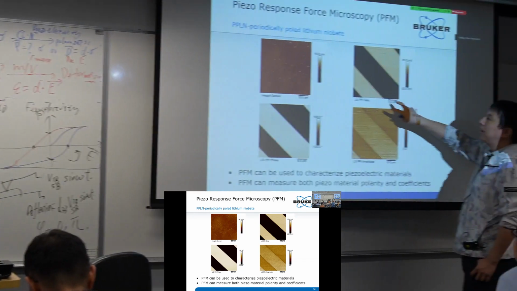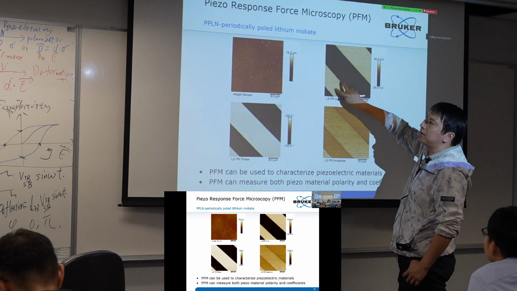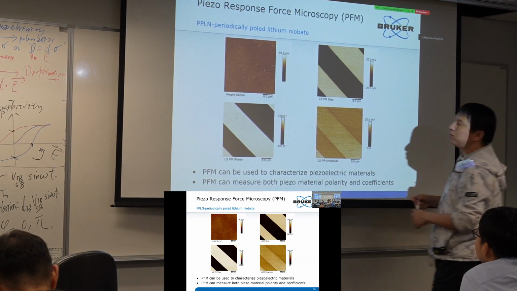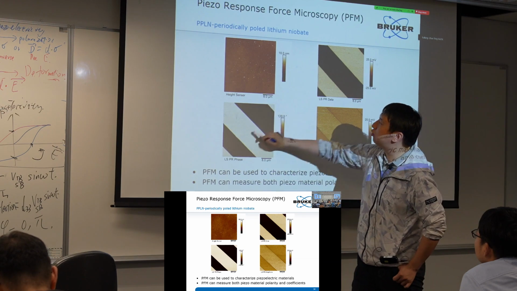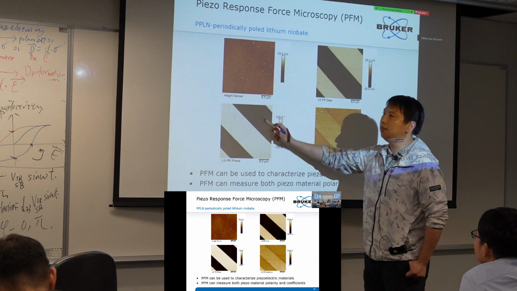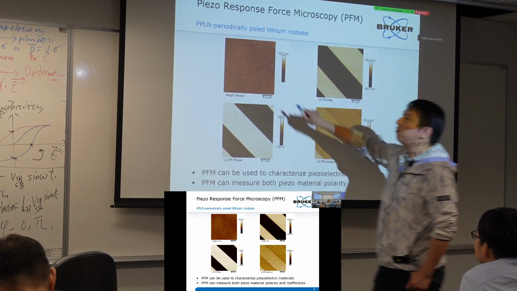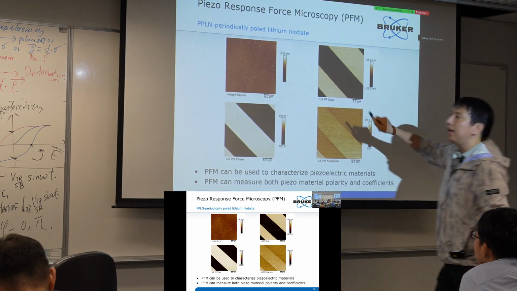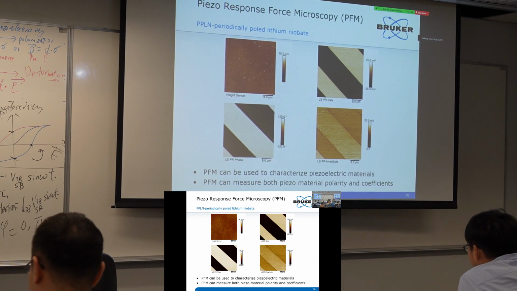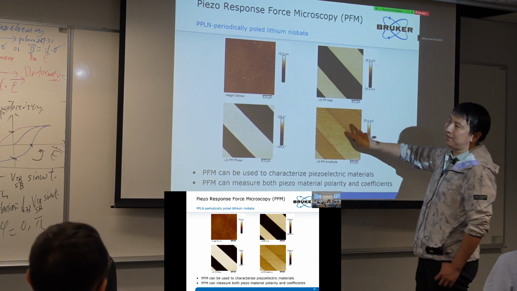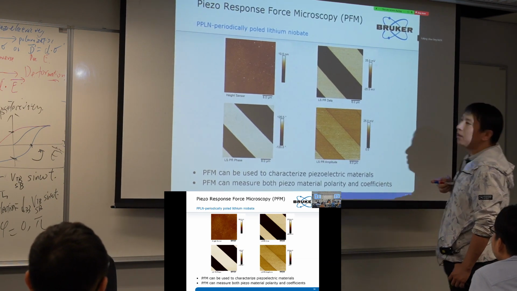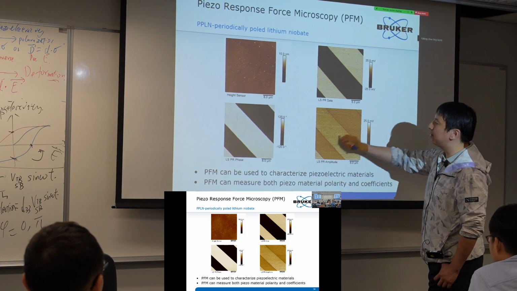These two stripes have different polarization directions. So we're supposed to see the phase on these two stripes completely opposite, one is 0, one is 180. On morphology, we should see nothing. And of course, the amplitude should be completely the same on both stripes. But usually we will get something like this.